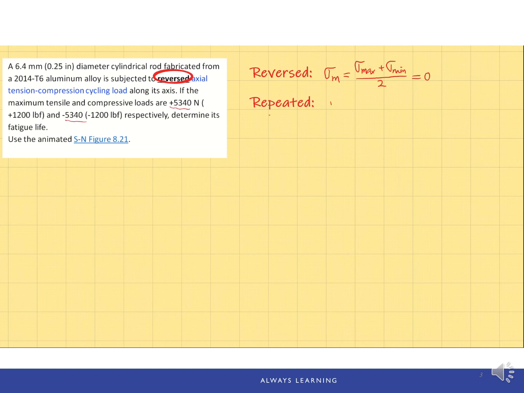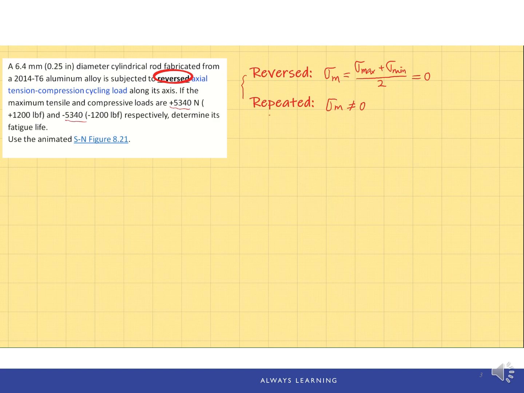And repeated is when the mean is not 0. That means the maximum and minimum are not symmetrical about the 0 stress level, then this cycle will be a repeated cycle. It's no longer reversed. So if the information of reversed is not given, this is how we tell if the cycle is reversed or repeated.